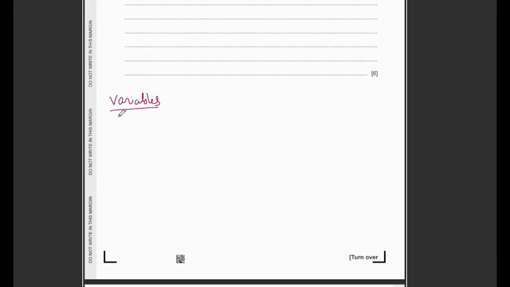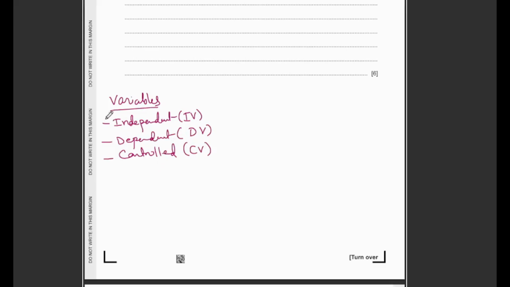Independent variable, we'll write as IV. Next one is dependent variable, we will mention it as DV. And the third one is controlled variable, CV. So independent variable, controlled variable and dependent variable, right?